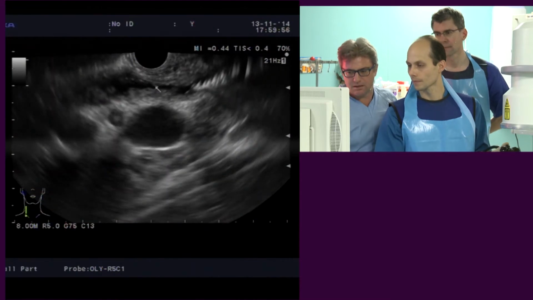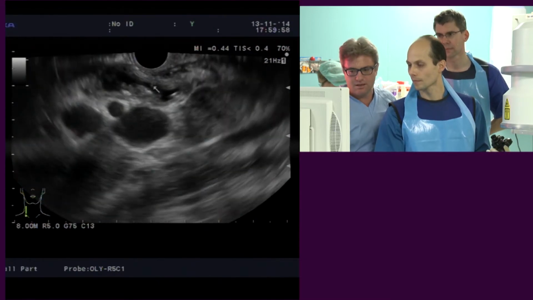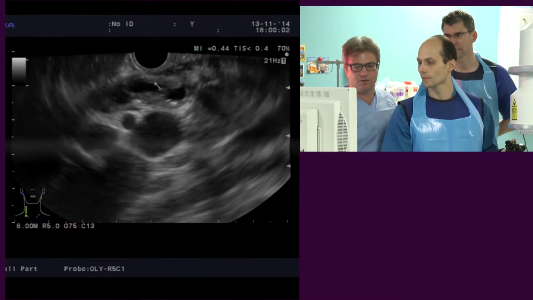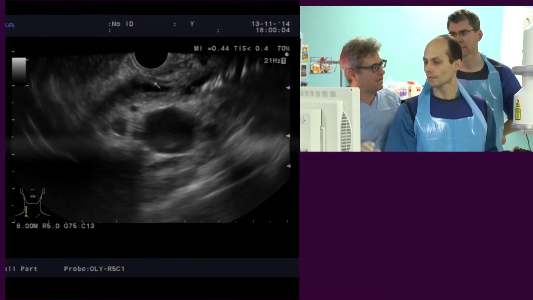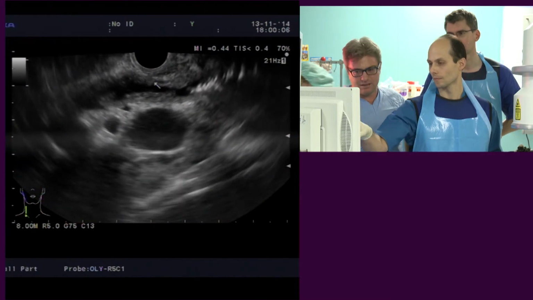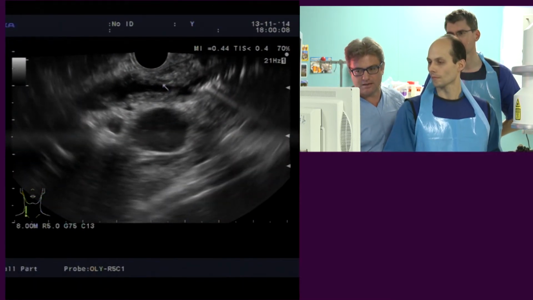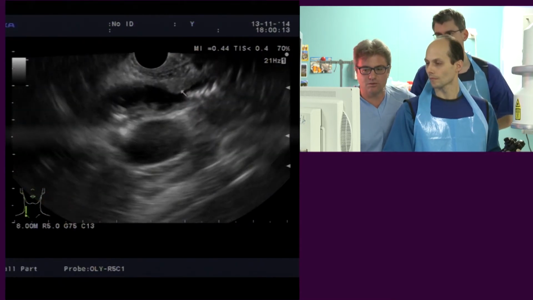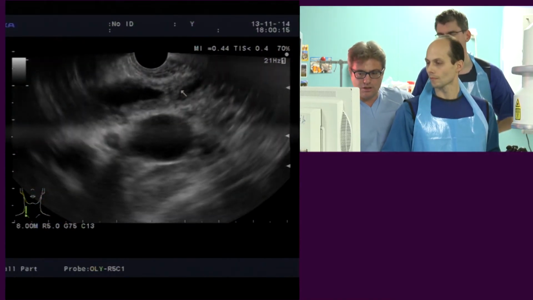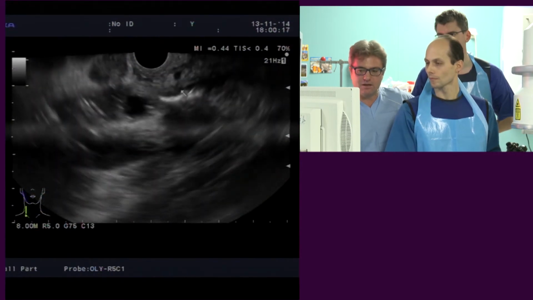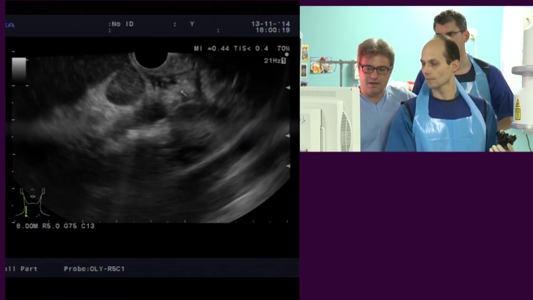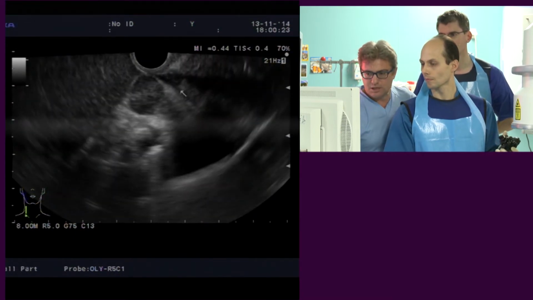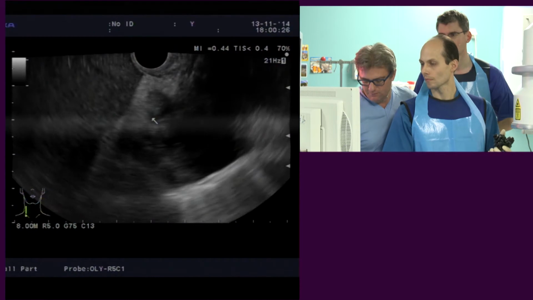So this condition is usually seen in autoimmune diseases of the bile duct. Sometimes when you have autoimmune pancreatitis, you also have a duct that looks like this. And in case of autoimmune pancreatitis associated with autoimmune cholangitis, usually that kind of thickening disappears with steroids. So you can see rounded lymph nodes.